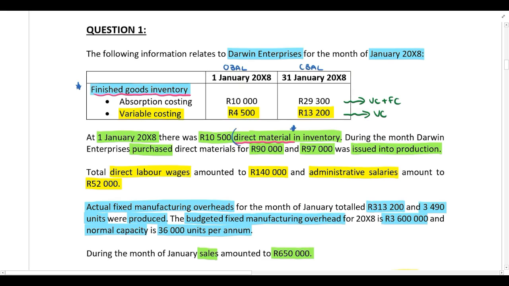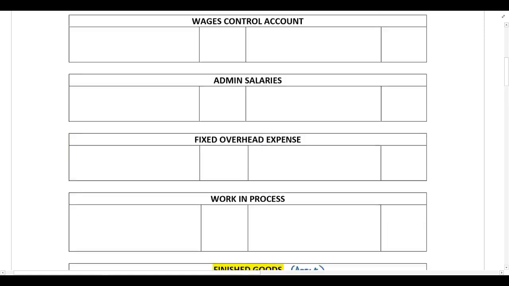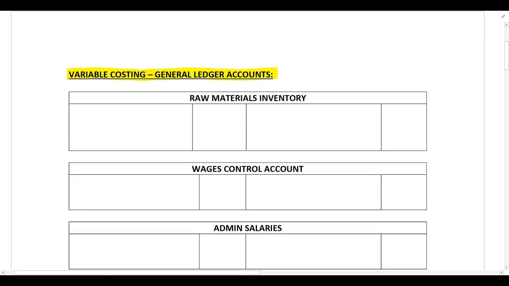Then for direct material inventory, we have an opening balance at the beginning of January 20X8 of 10,500 Rand. So here's my raw material inventory. So also inventory, so this is an asset, and we have an opening balance of 10,500 Rand.